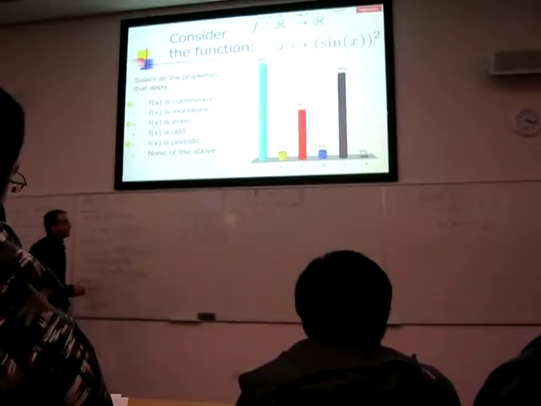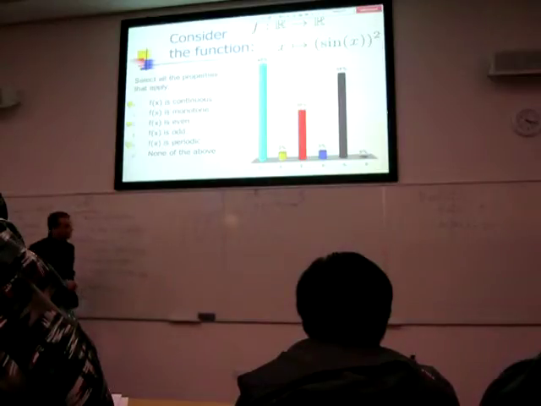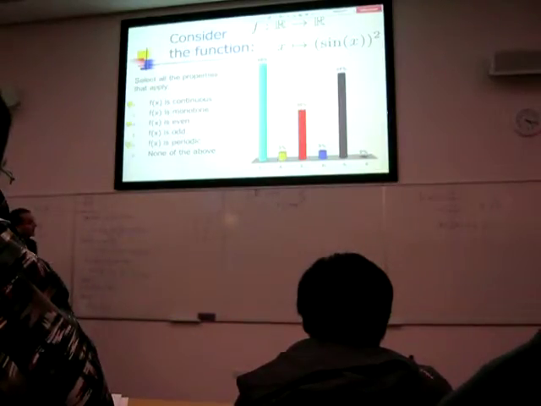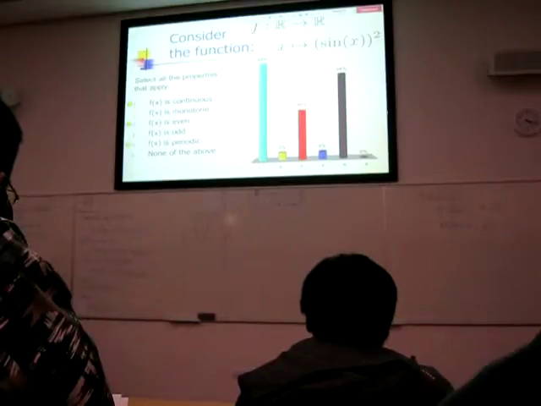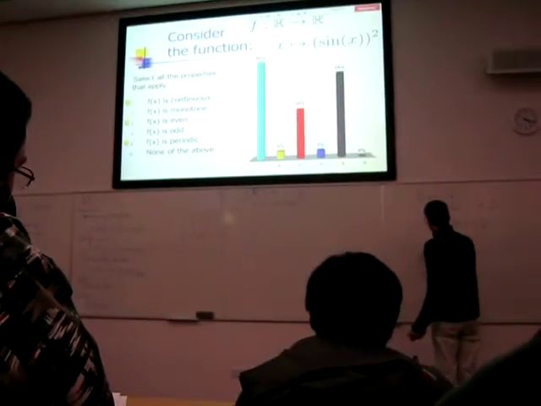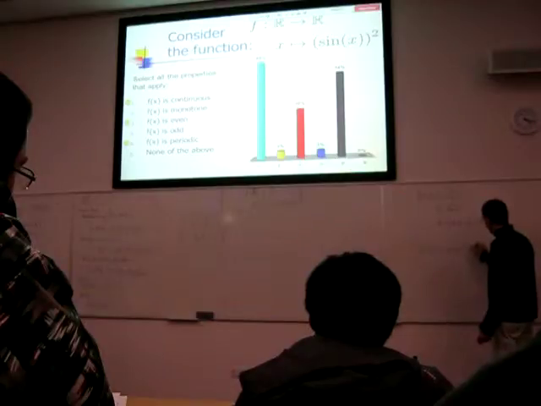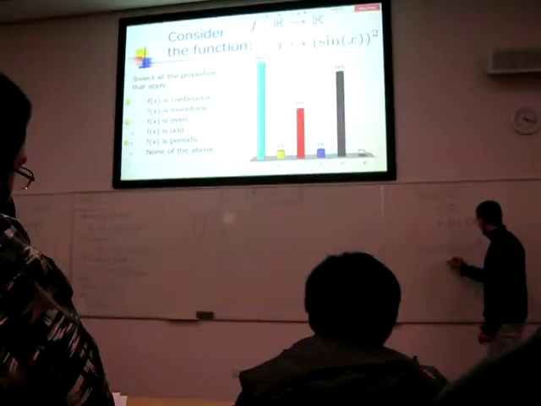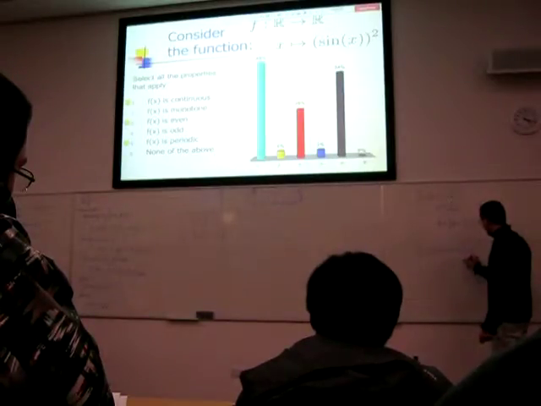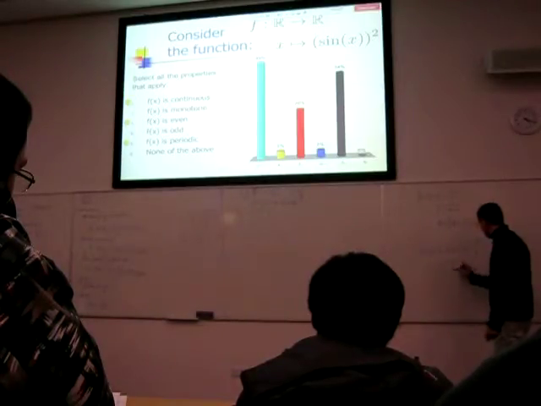So if you plug in minus x, basically that just gets f of minus x is equal to sine of minus x all squared, and that's equal to minus sine of x all squared. That's equal to sine of x all squared, which is equal to f of x.